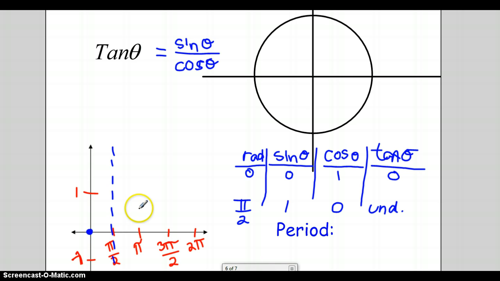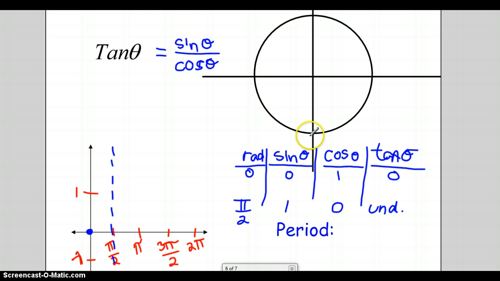Now remember, if that's happening whenever sine has a value and cosine does not have a value, think of other places around that unit circle where cosine has a value of 0, right? Cosine has a value of 0 at pi over 2 and at 3 pi over 2. And that's going to happen at every pi over 2 units. So every time that we add pi over 2, we're going to have another 0 value for cosine.